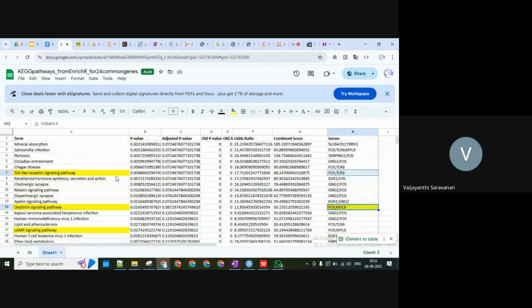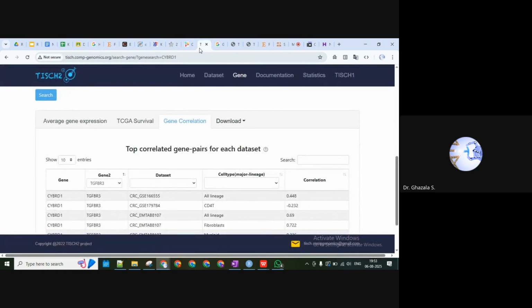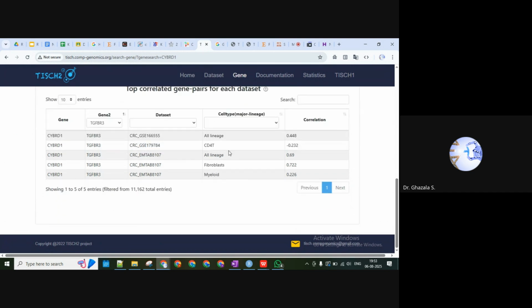Is that all about your microenvironment? Yes, we just need to perform this particular analysis and filter out the cell types that we are interested in, or want to study, and that is all. We just need to correlate now. Once we get all this information, maybe the other genes also, not just these two genes, are involved with CD4 T cells, myeloid cells, fibroblast cells.